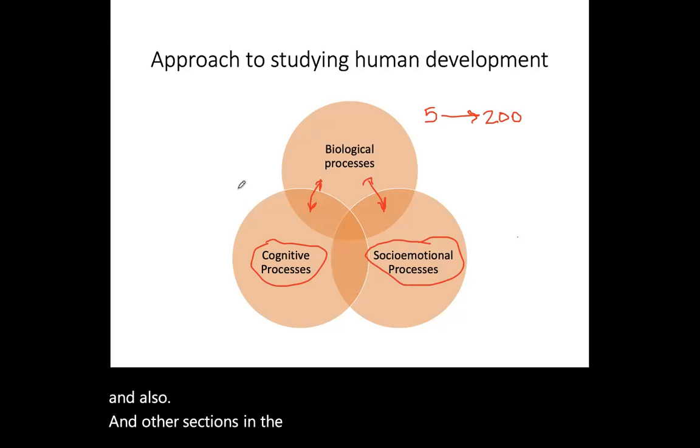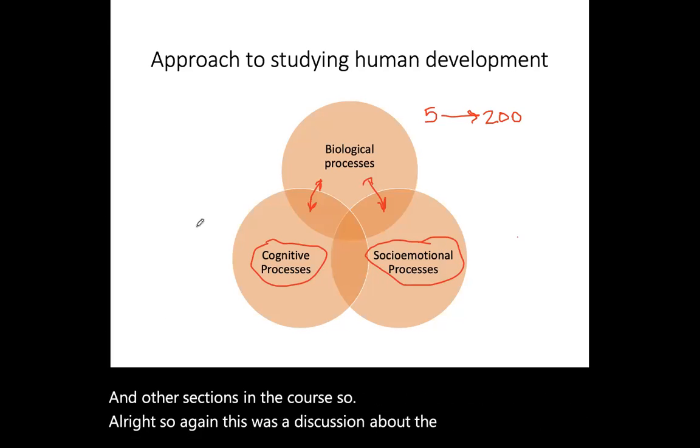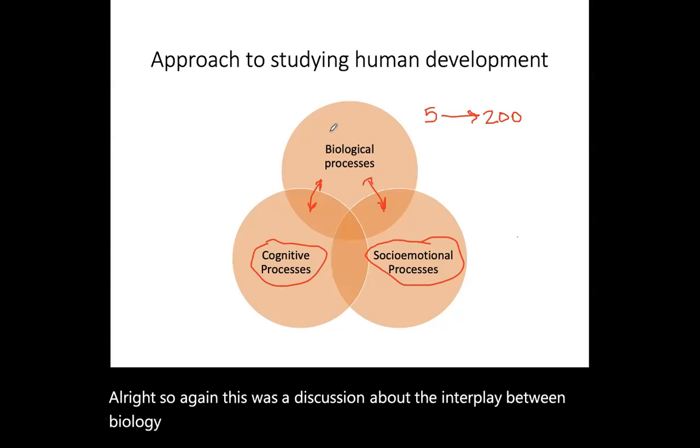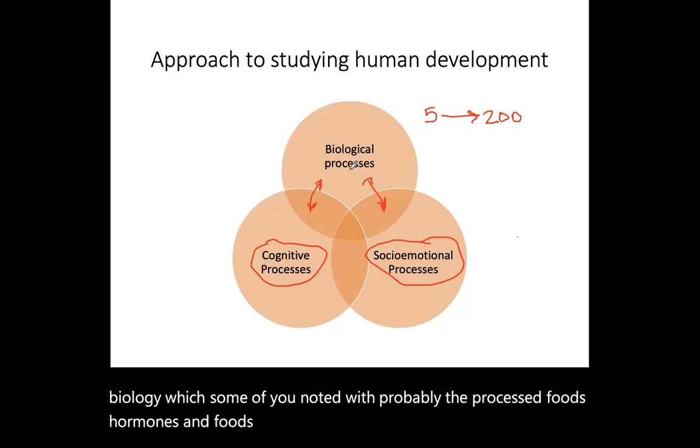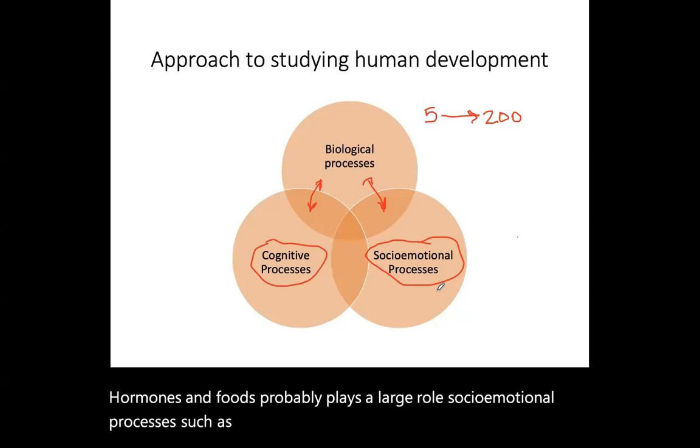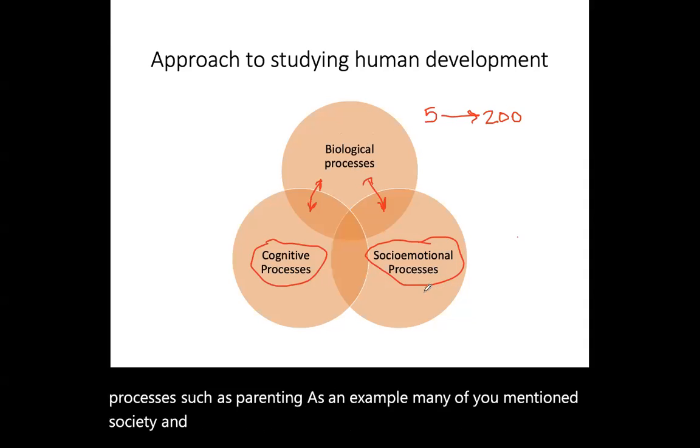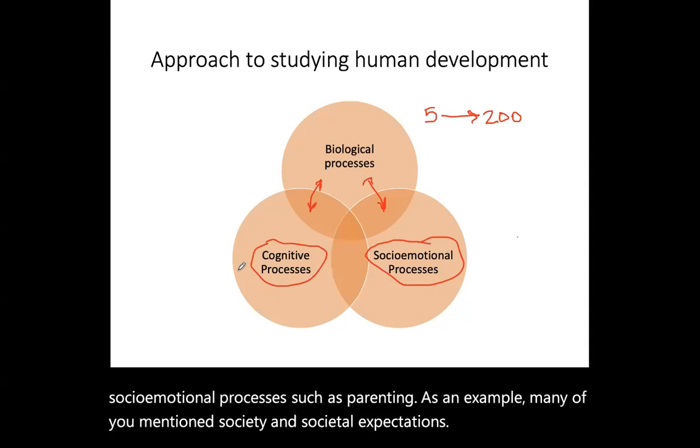So, all right. This was a discussion about the interplay between biology, which some of you noted, with probably our processed foods and hormones in foods playing a large role. Socio-emotional processes, such as parenting, as an example. Many of you mentioned society and societal expectations, cognitive processes.